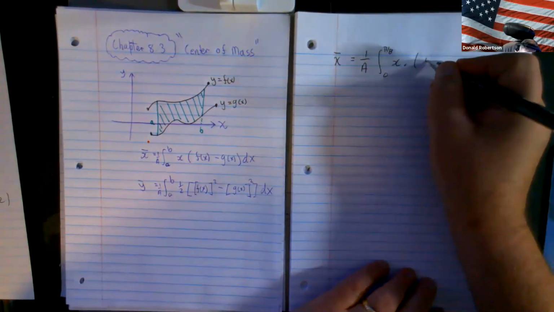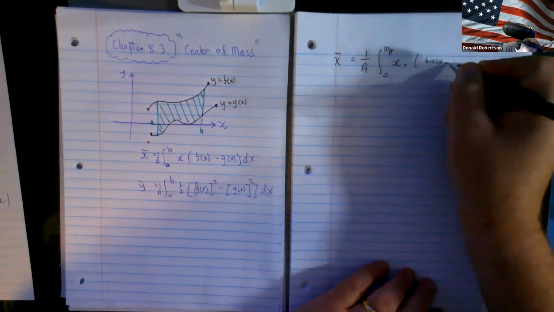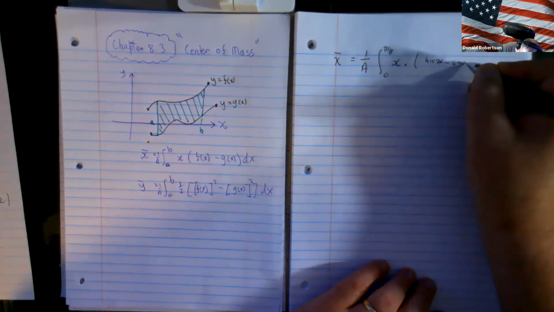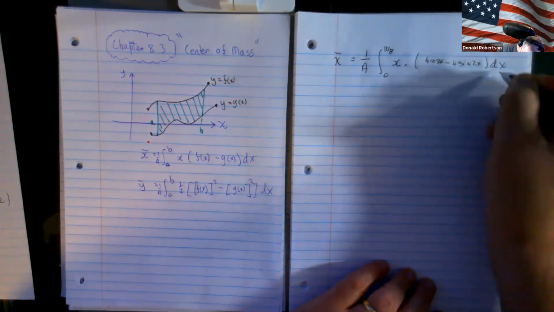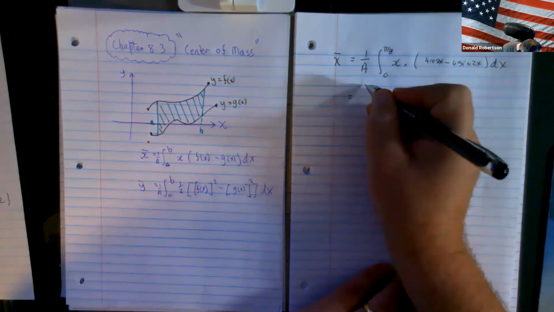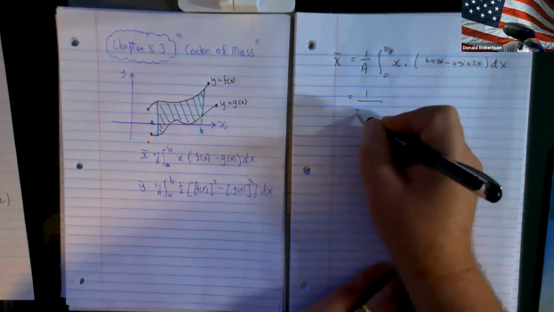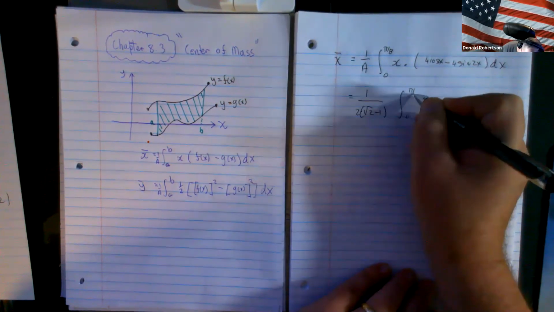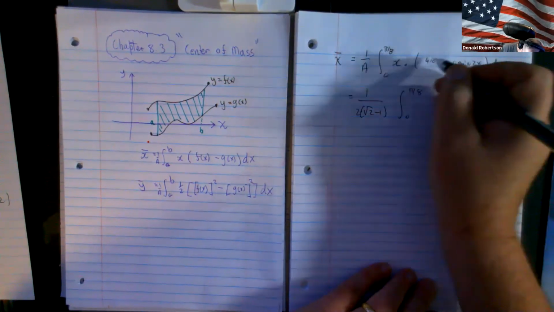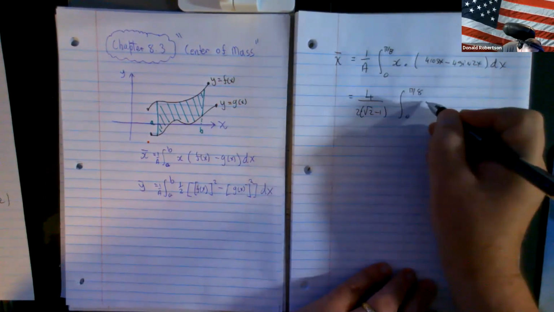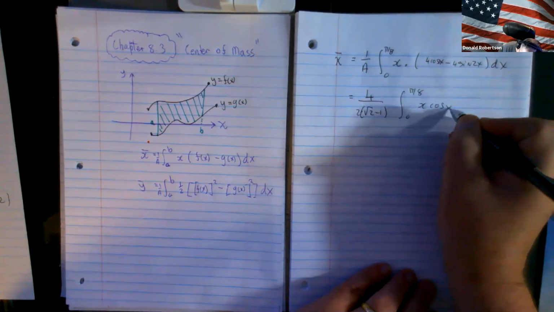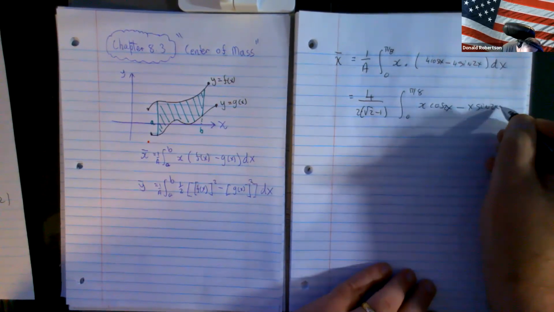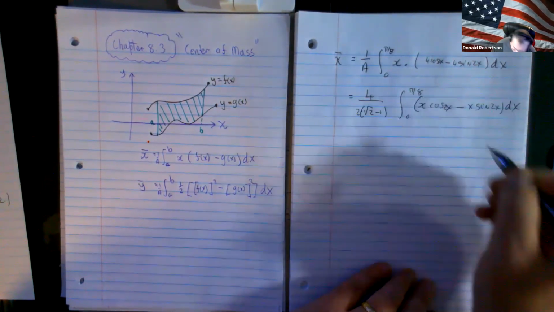So that's going to be what? 4 cosine 2x and 4 sine 2x, dx. A is 2 lots of root 2 take away 1, 0 to pi upon 8. If you bring out the 4, it goes there. And what you're going to be left with is x cosine 2x take away x sine 2x dx. And this is where I'm going to pause.